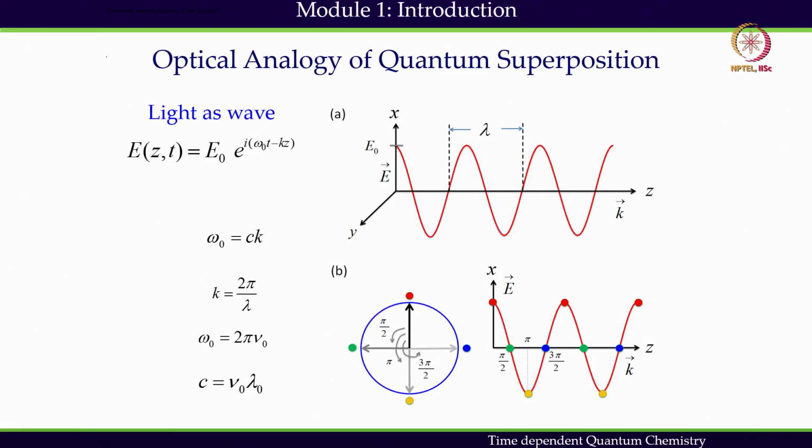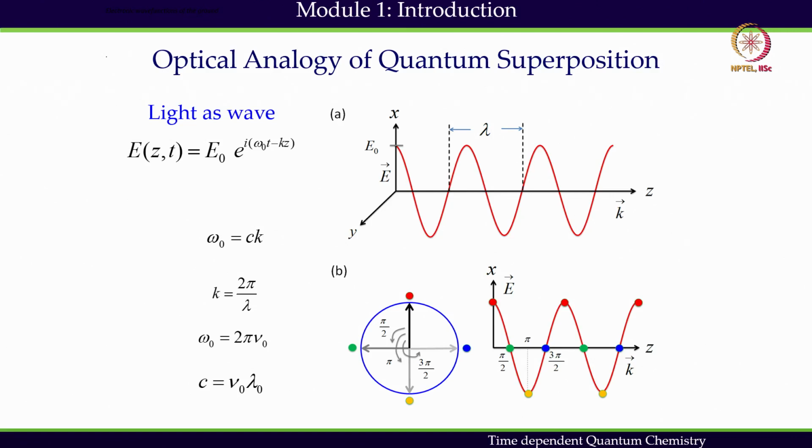It is important to introduce that immediately, because very soon the quantum superposition state, which is nothing but a wave packet, we will be discussing, and getting an idea from optical interference can help us understand better what it means by the wave packet and its propagation.